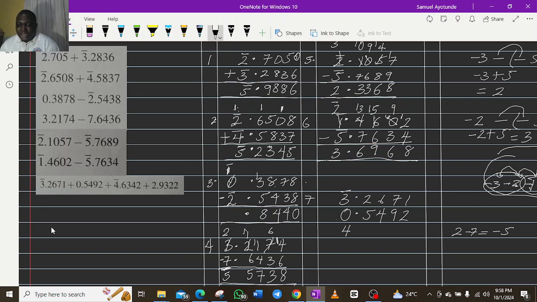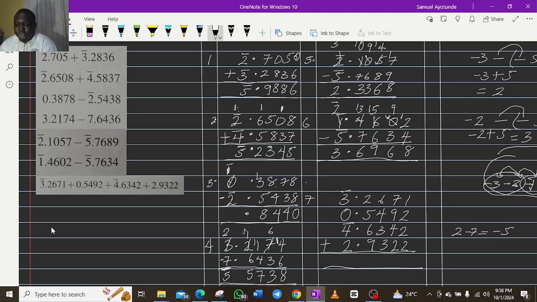We have 4 bar 0.6342, and we have 2.9322. So we can sum all of these up together and do it one after the other. You can also do everything together. So let's do it together. 3 bar 0.2671, 0.5492, 4 bar 0.6342, and 2.9322. So let's add all of this together.